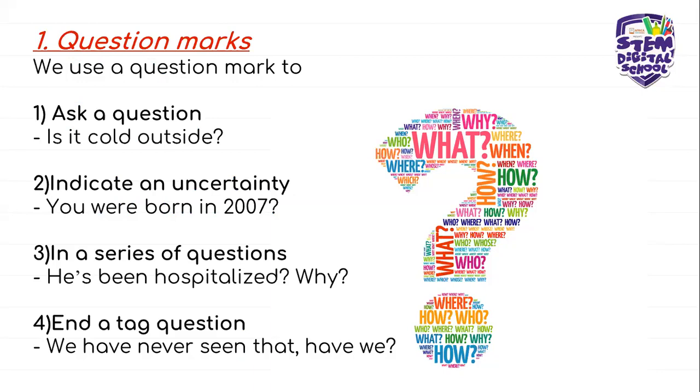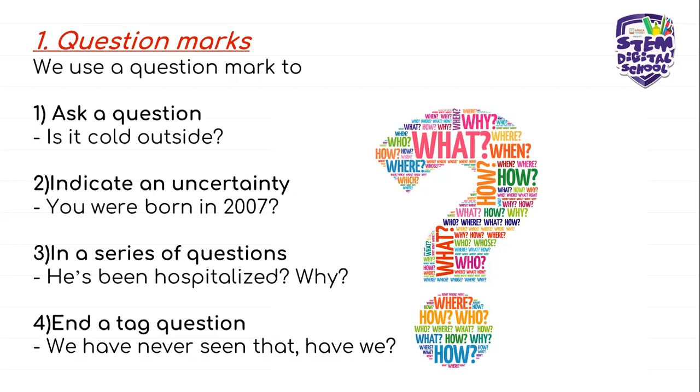Then we use question marks to indicate uncertainty. If you're asking a question with uncertainty, or if you're writing a sentence with uncertainty, then we also use a question mark. Like, you were born in 2007?